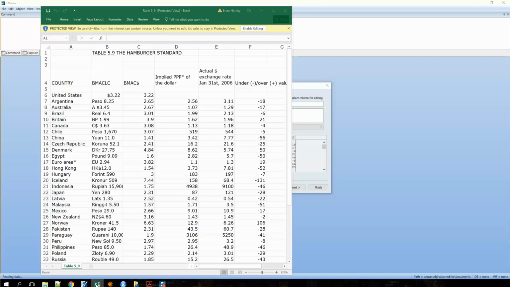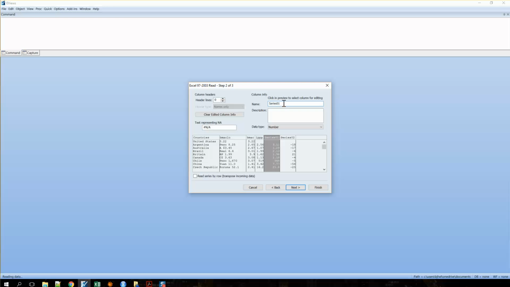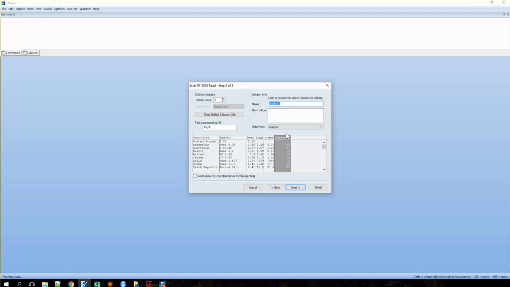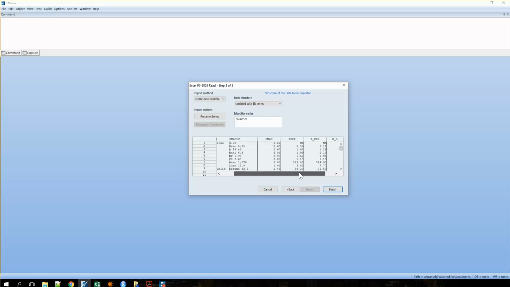Actual exchange rate, so call this actual exchange rate. And under over. Probably better names here, but okay, and it looks good.